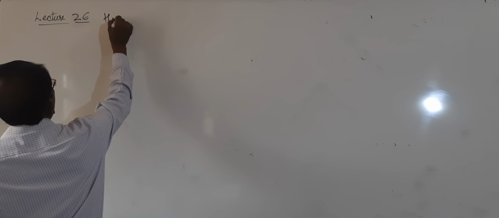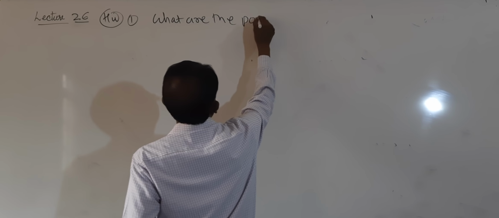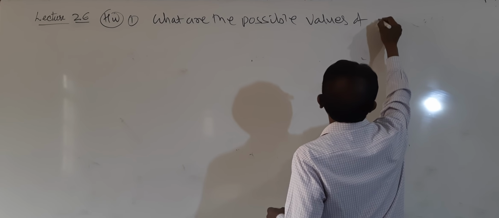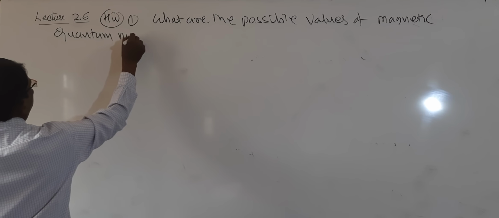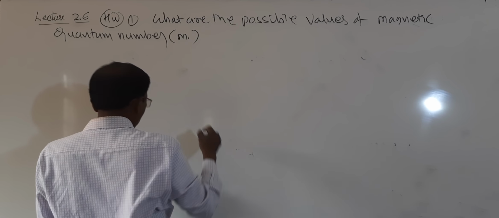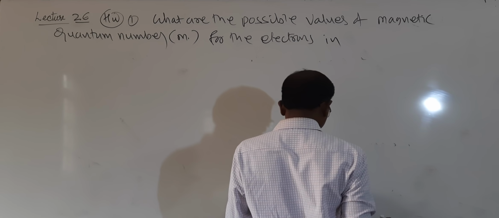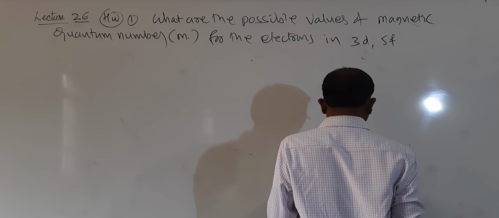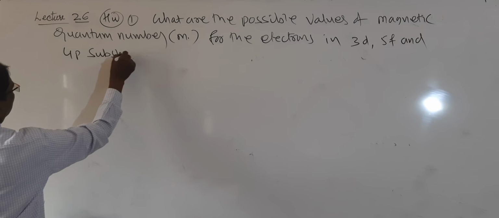Homework: look here, what are the possible values of the magnetic quantum number for the electrons in 3d, 5f and 4p subshells?